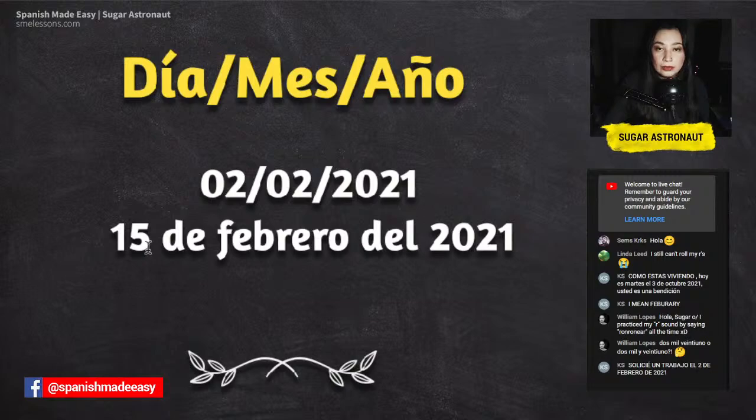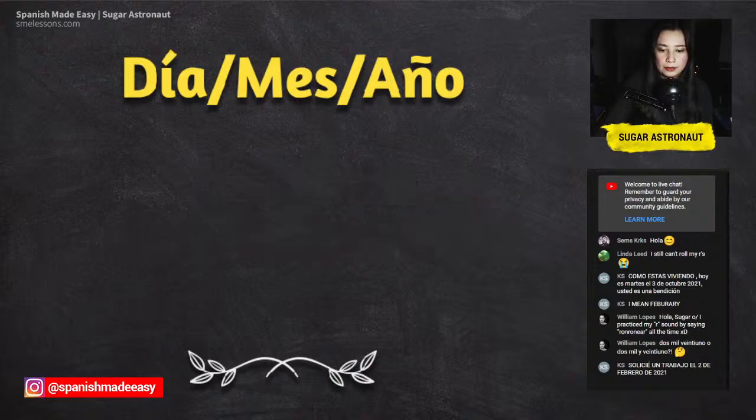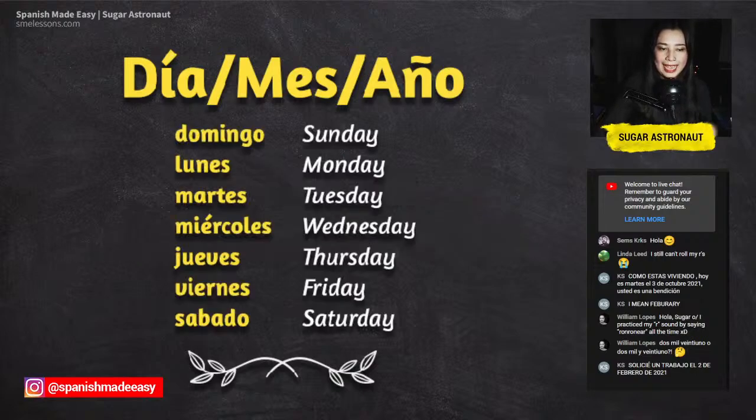And also, guys, something important to mention is that the days of the week in Spanish and months, all of those words are masculine, okay? El domingo, for example. Let me show you right here. El domingo, el lunes, el martes, el miércoles, el jueves, el viernes, and el sábado.